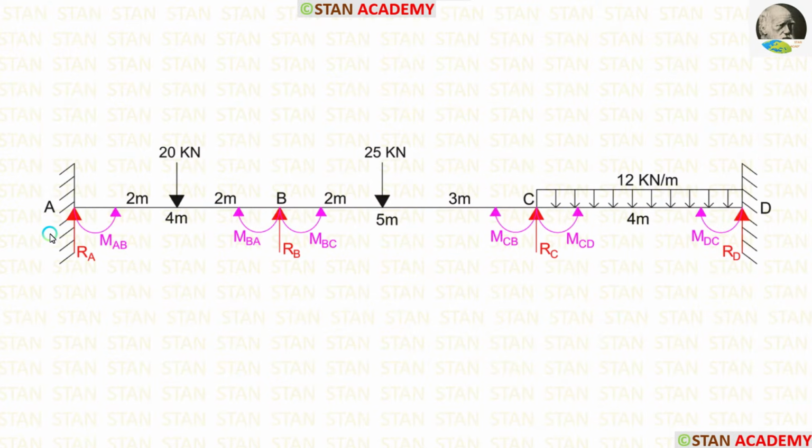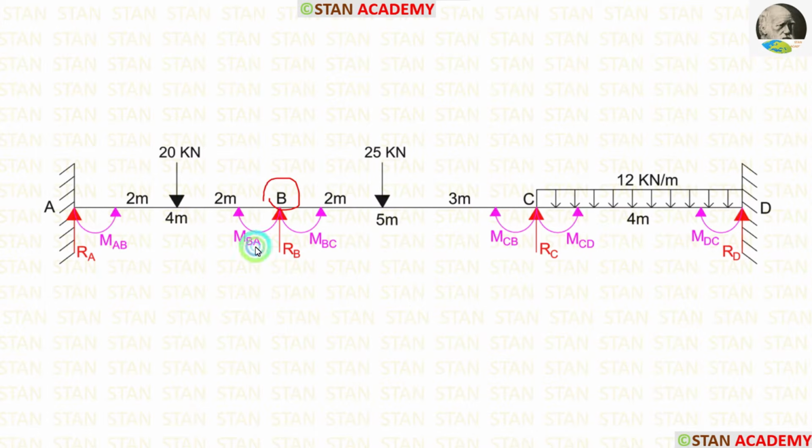In this beam, we have to calculate 6 moments. In the fixed support, there will be a moment. So, at point A and point D, we have moments. At point A, we have the moment MAB, and at point D, we have the moment MDC. In the joints, there will be two moments.